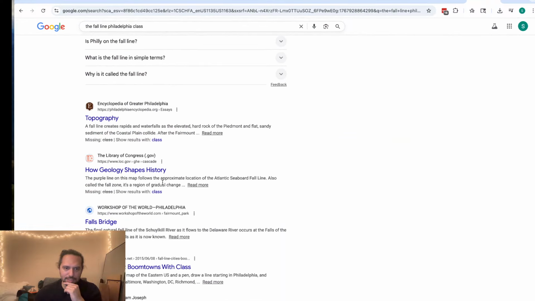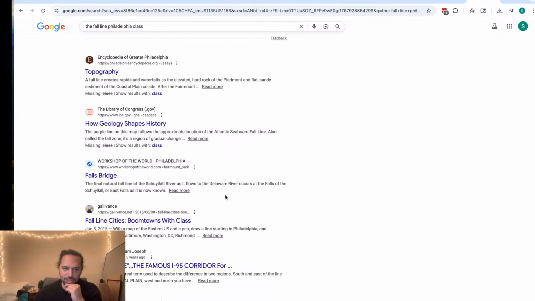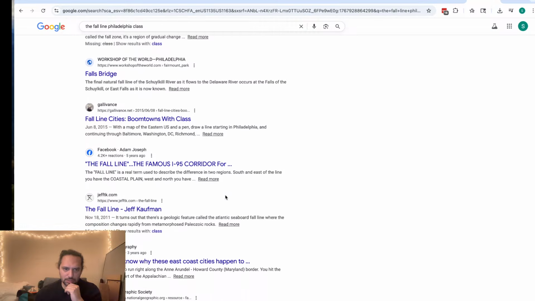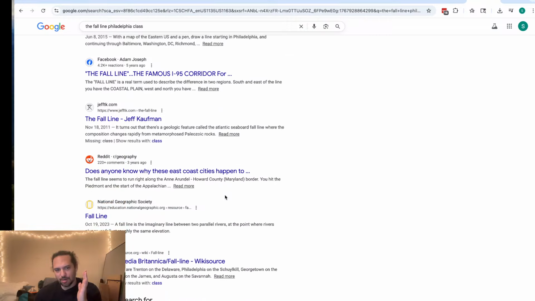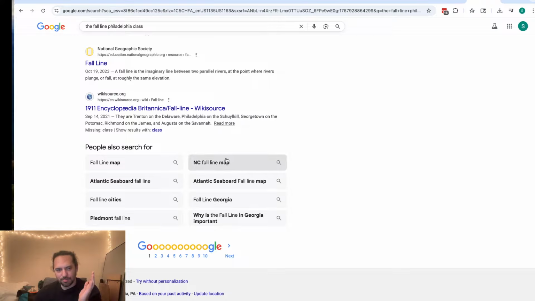How geology shapes history. Fall Bridge. Man, there's some relationship between the fall line in Philly and where rich people live, usually. But I don't remember. Okay, let me check this out.